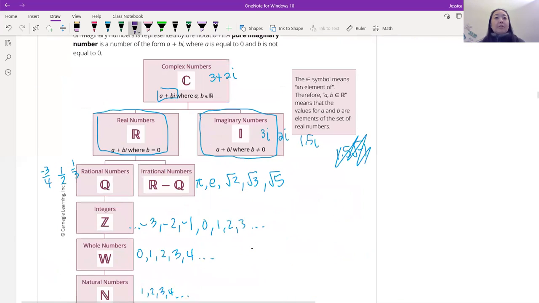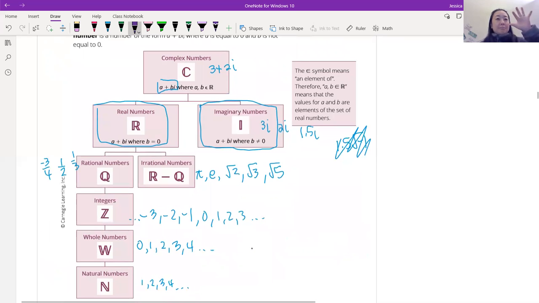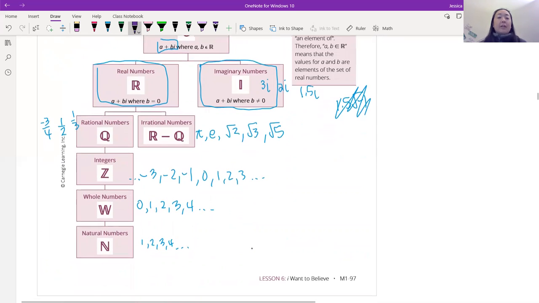Now I'm going to talk a little bit about this chart here. We're going to start at the bottom and go all the way up to the top. Back in kindergarten, we're going to do a little history trip here. This is what a lot of you dealt with: natural numbers, 1, 2, 3, 4.